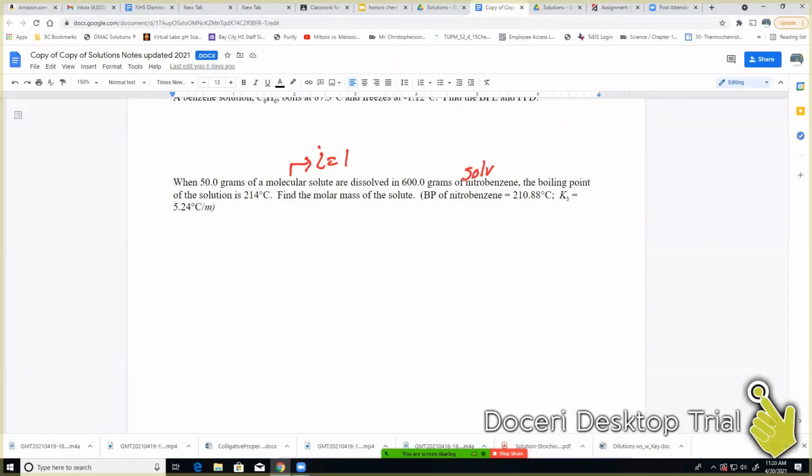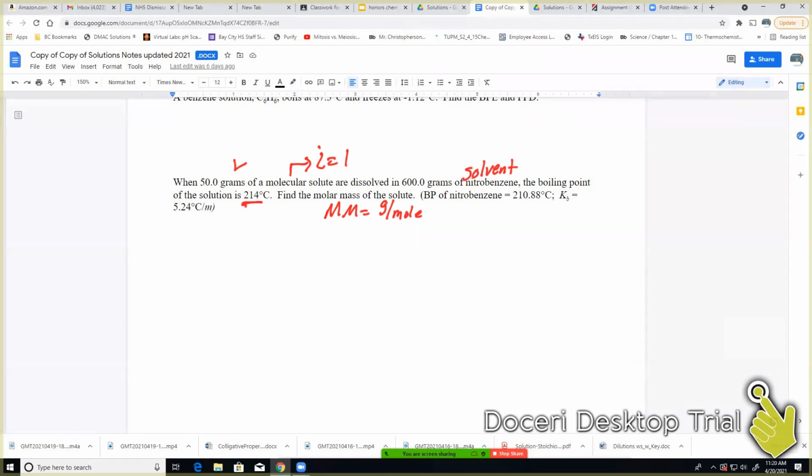So that's my solvent. And the boiling point of the solution is 214 degrees Celsius. Find the molar mass, and molar mass is always grams per mole. I have the grams. I need to find how many moles I have. So what relates to that is my little m.